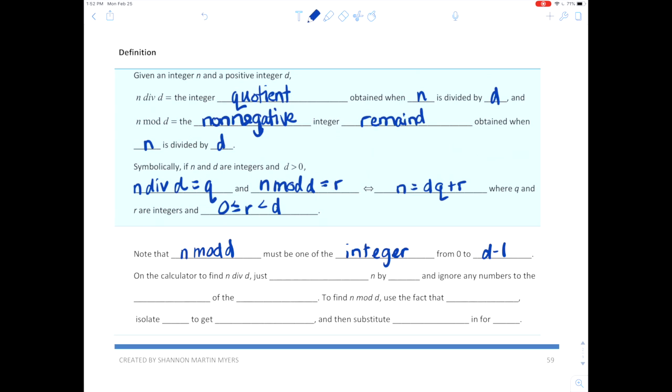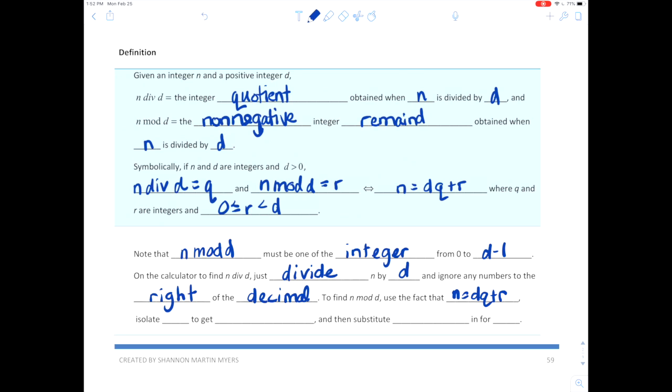So on the calculator, to find n div d, all you need to do is divide n by d and ignore any numbers to the right of the decimal. To find n mod d, use the fact that n is equal to d times q plus r.